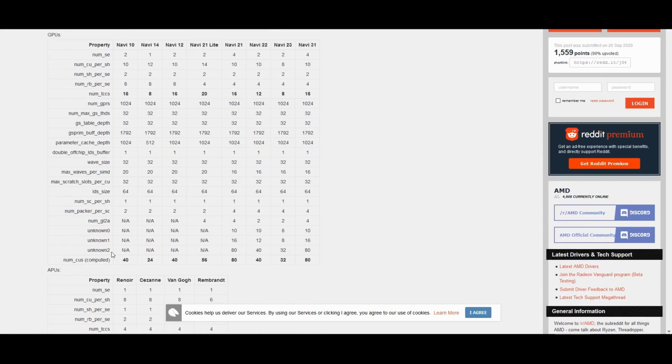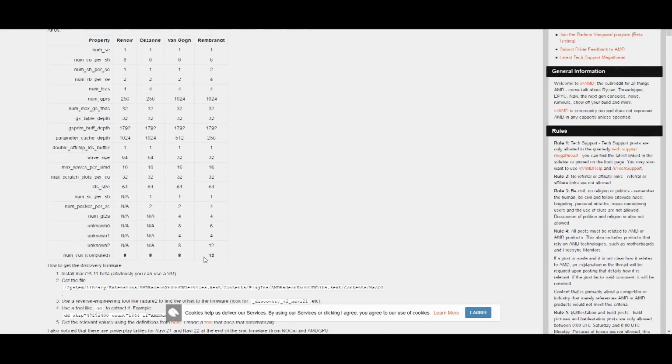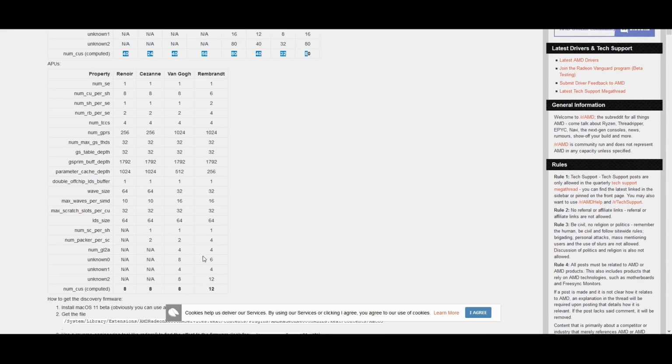This would be a 12 CU, this one here, and then all of the other configs are 20 CUs for Navi 14 and then 40 CUs and up for the other ones. So this is a little bit of a look at how the architectural balance might be different. It might be necessary to do that just to scale down to a smaller size like this.